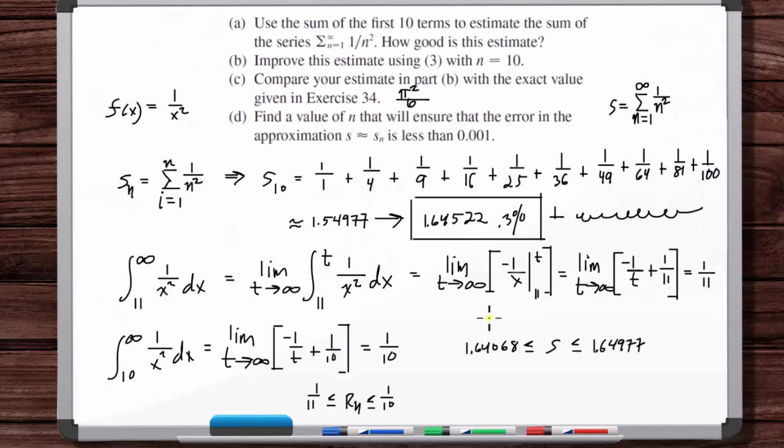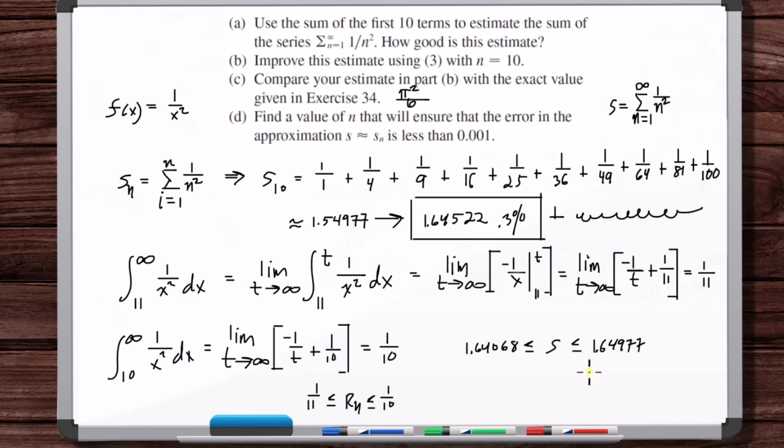But when we got the R sub n, there was an upper and a lower limit on what the R sub n can be. So once we added that to our S sub 10, then we knew the sum was somewhere in this range. So what the actual sum is compared to what our estimate is, in this case, could be above or below.